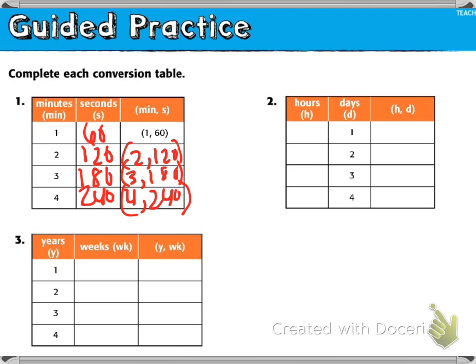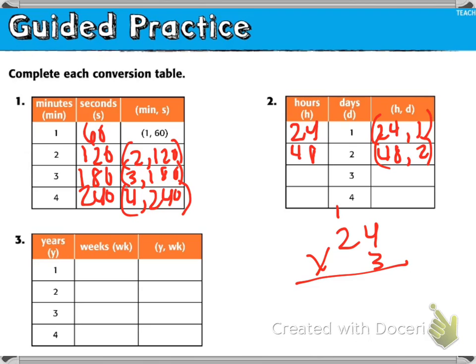Now, let's go over here to number 2. 1 day equals 24 hours. So we've got 24 hours and 1 day. 2 days, so 24 times 2 would be 48 hours. So 48 and 2. 3 days, okay, let's go 24 times 3. We've got 72.